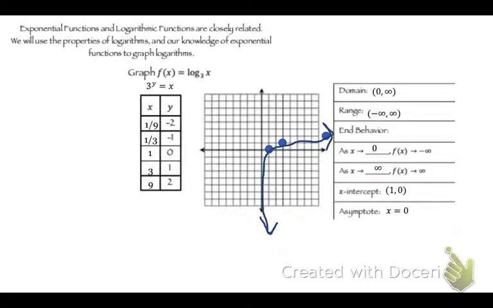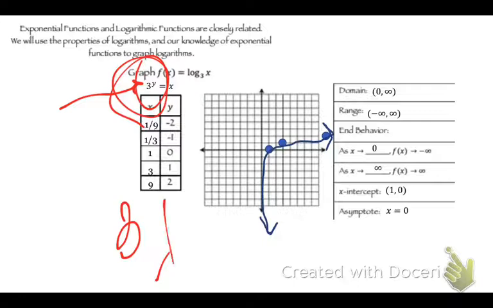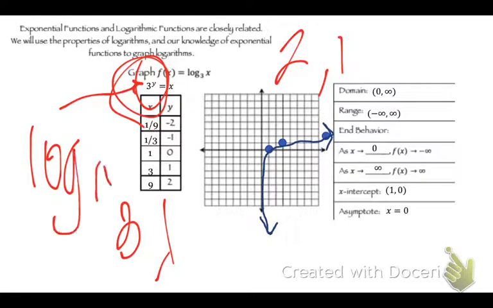Okay, notice something here. Both of these had an x-intercept at (1, 0). And then they both had a point at (b, 1). The last one was (2, 1), since the base was 2. But if that was log base 10 of x, there would be a point at (10, 1).